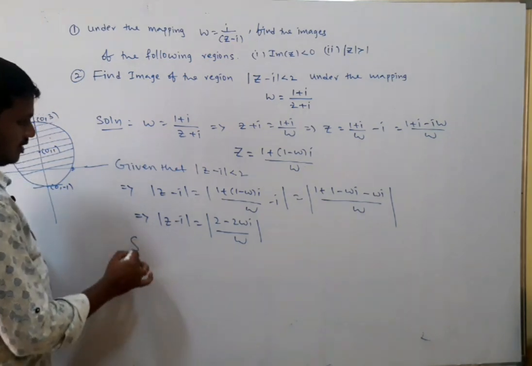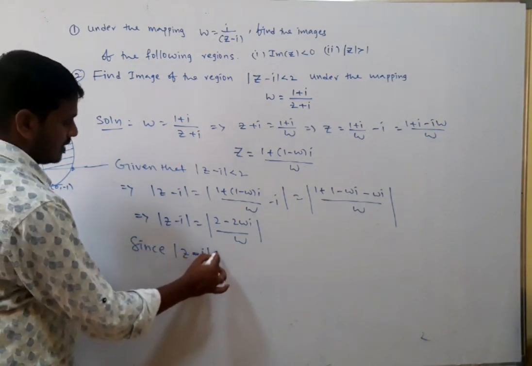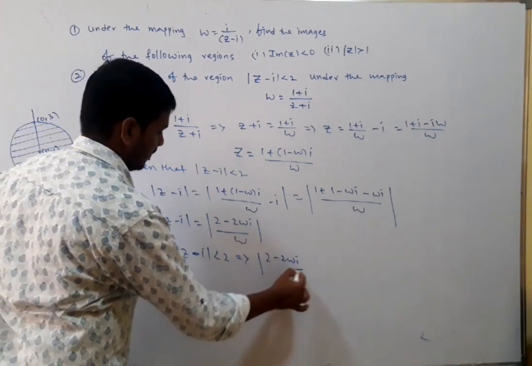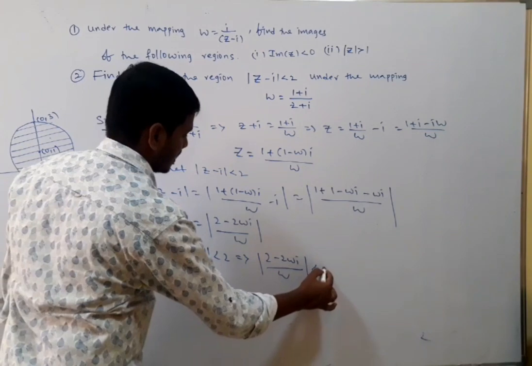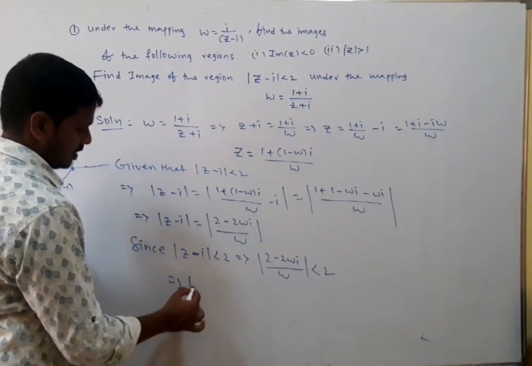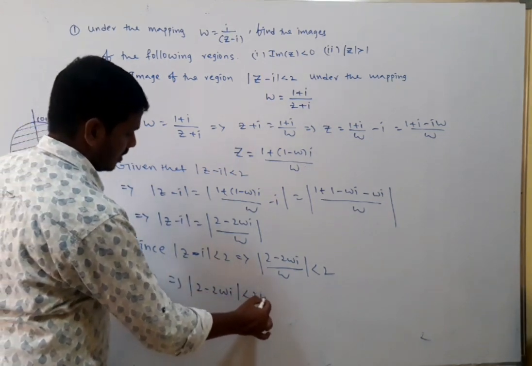Since |z minus i| is less than 2, that implies |2 minus 2wi| divided by |w| is less than 2.